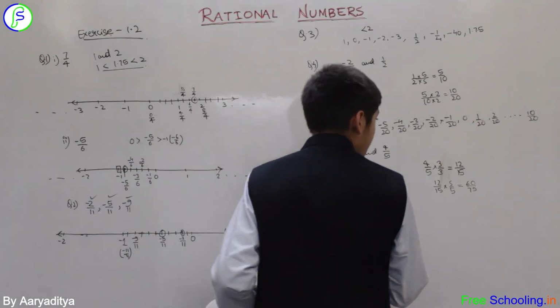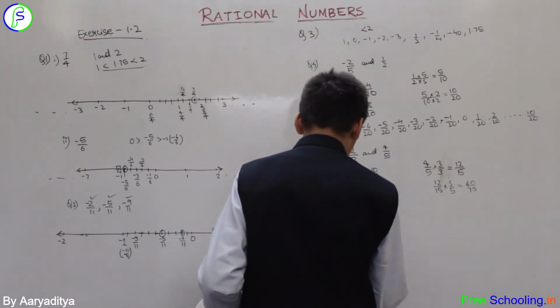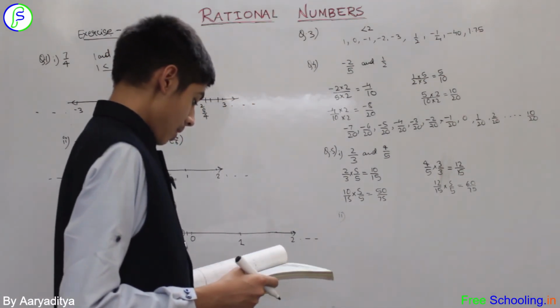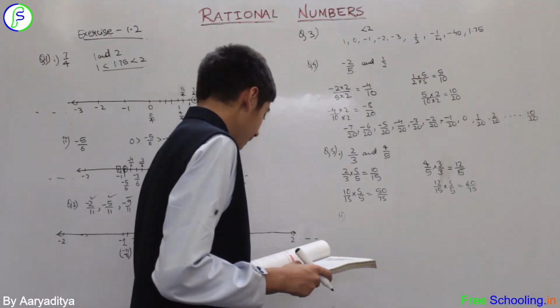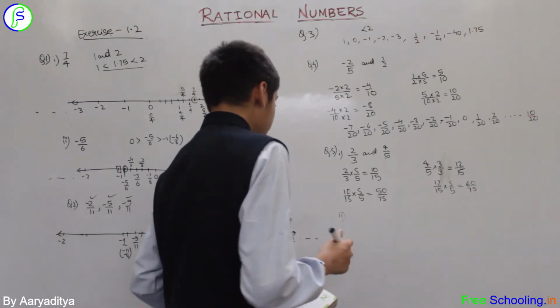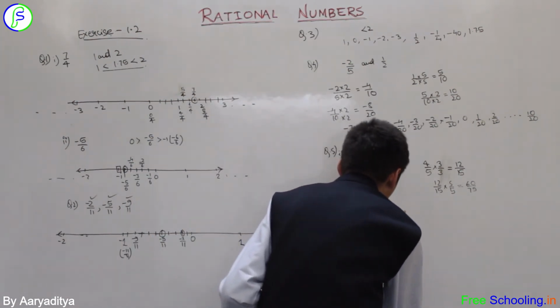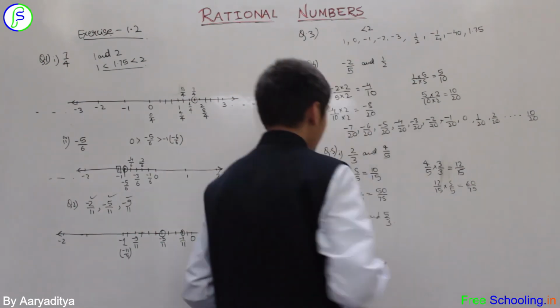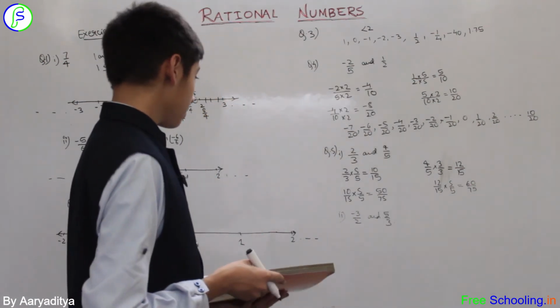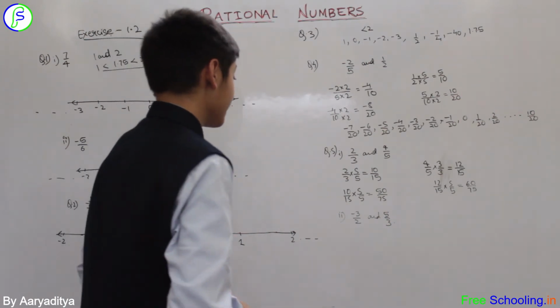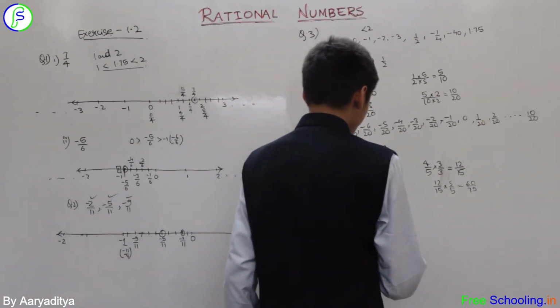Okay, then let me move to the second part. For the second part, it is minus 3 by 2 and 5 by 3. So I need to find 5 rational numbers between them. First, let us take the LCM. That comes out to be 6.